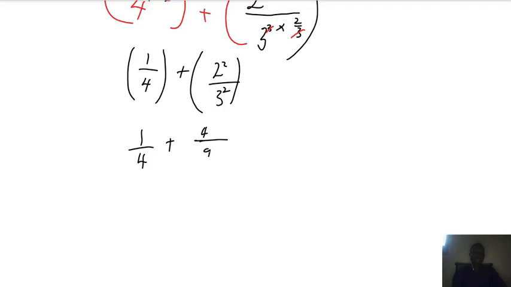Now we have a fraction where we need to find the LCM. What will be the LCM for 9 and 4? It is 36, because that is the number that 4 will go into and 9 will also go into. 4 goes into 36 nine times, and 9 times 1 gives 9. 9 goes into 36 four times, and 4 times 4 gives 16.